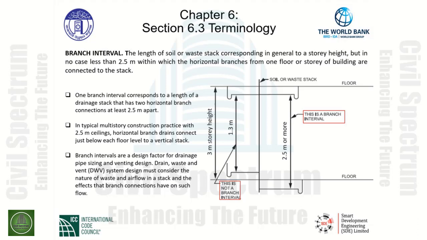Drain, waste, and vent system design must consider the nature of waste, airflow in a stack, and the effects that branch connections have on such a flow. The branch intervals are a design factor, of course, and we need to understand exactly where they occur in the systems.